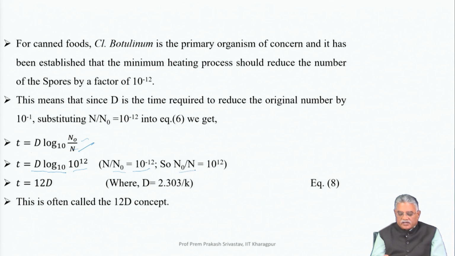So n0 by n, just the inverse of that, is 10 to the power 12. So, t is equal to 12D, where D is equal to 2.303 by k. This is often called the 12D concept.